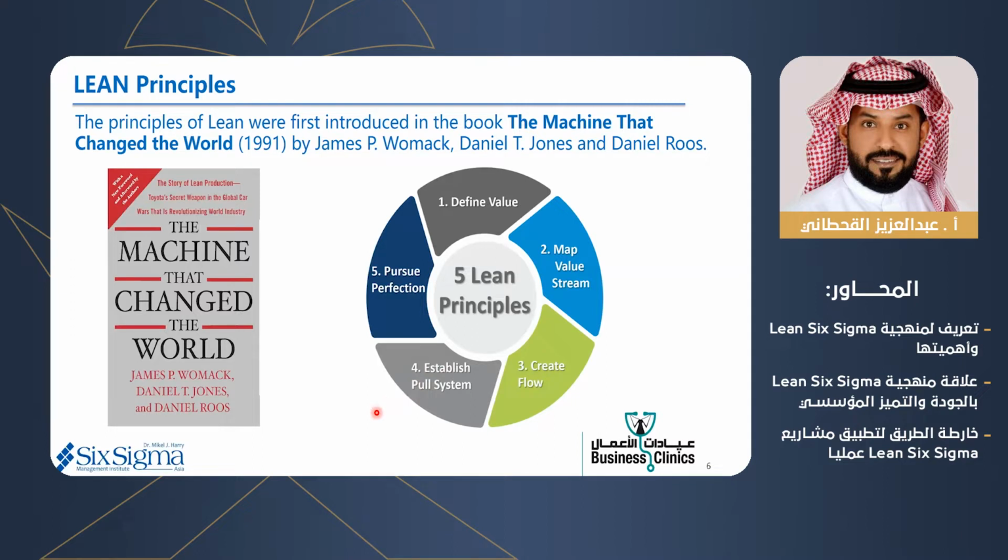If the customer demands 3 pieces, then you have to produce 3 pieces only. You should not produce more than the customer requirements. And the last principle is pursuing perfection, which means continuous improvement. So you have to have a continuous effort toward perfection.